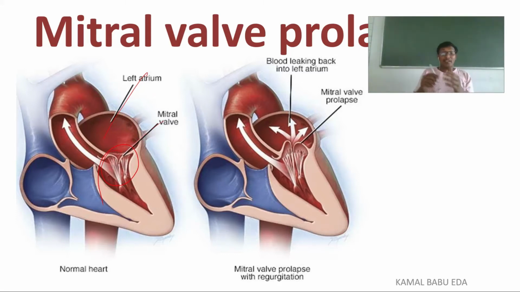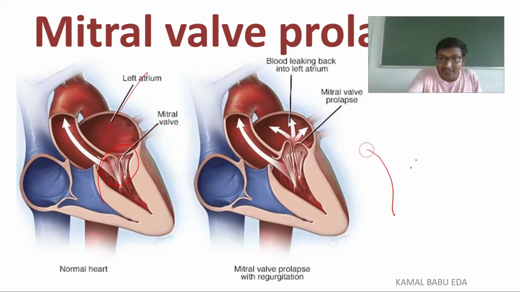What this mitral valve does is prevent the entry of blood from the left ventricle into the left atrium, and at the same time allow blood from the left atrium to enter the left ventricle. You can see the position here.